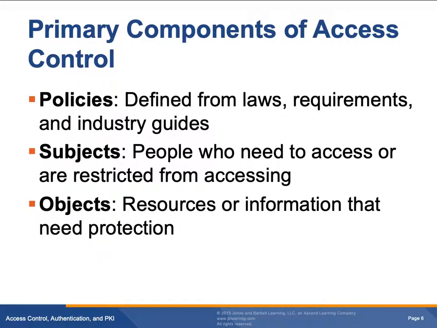Primary components are policies, subjects, and objects. Policies are defined from laws, rules, regulations, if you will. For example, in Europe, there's the GDPR, which is the data protection for individuals.